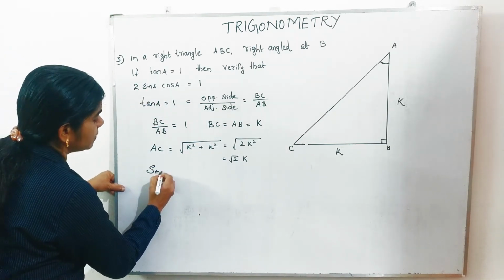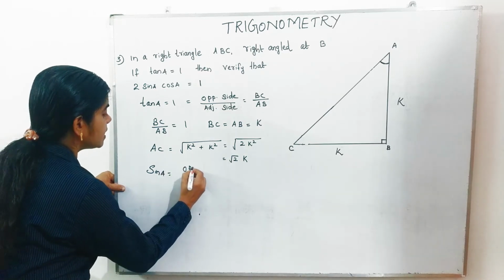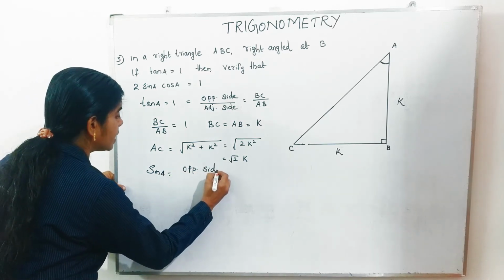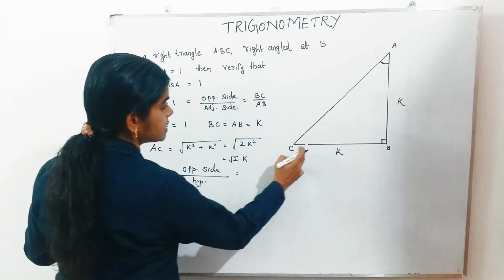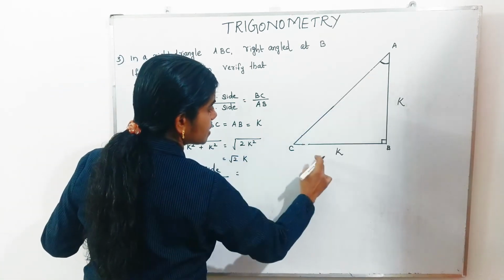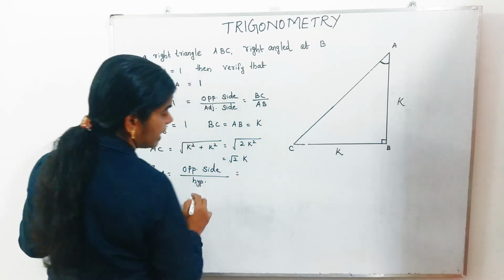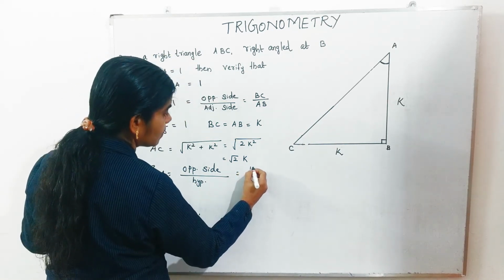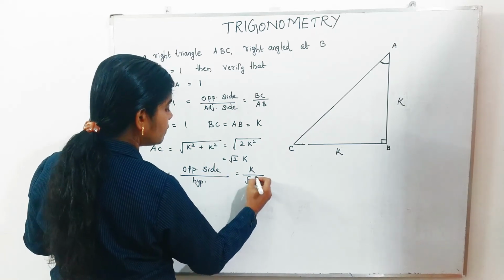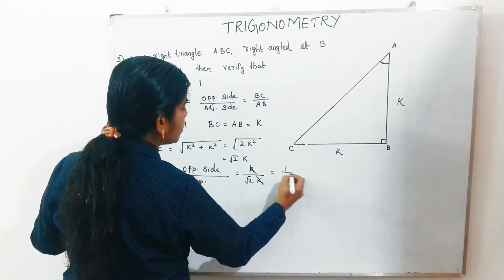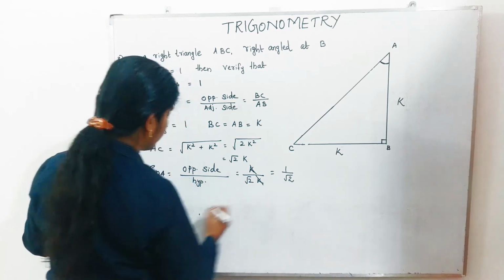Sin A is equal to opposite side divided by hypotenuse. Based on this, BC by AC. BC is equal to K, AC is equal to root 2 K. Then we can cut this K and you will get 1 by root 2.